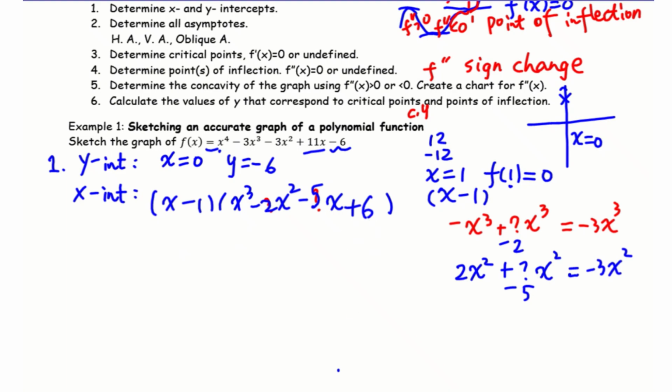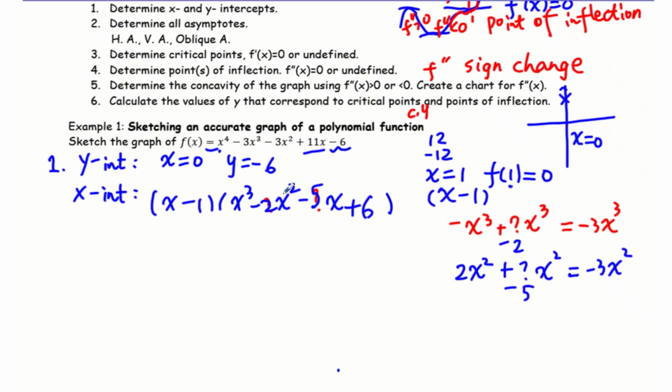So we have this factor form done. And if you are not sure, you can just check: x to the exponent 4, -x cubed, -2x cubed, sorry, -1, -2 gives us -3x cubed.